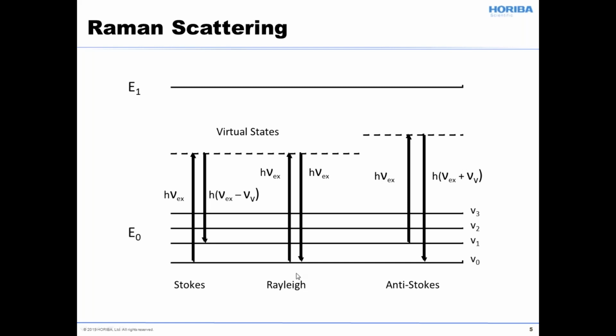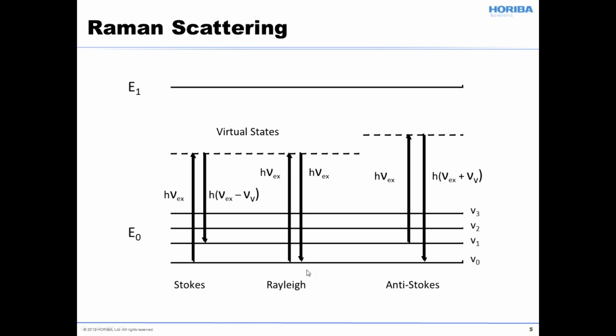If I use my mouse as a pointer here, this is where the molecule starts out. Let's say we illuminate this sample. Let's say it's totally transparent in the visible, so we illuminate it with 532 nanometer light. The Rayleigh scattering that we see off of it is elastically scattered light, meaning there's no exchange of energy. And so the photons that are scattered are at the same wavelength, 532 nanometers.